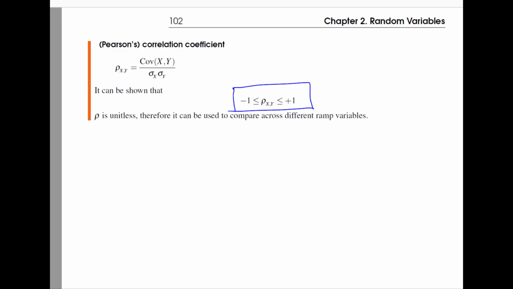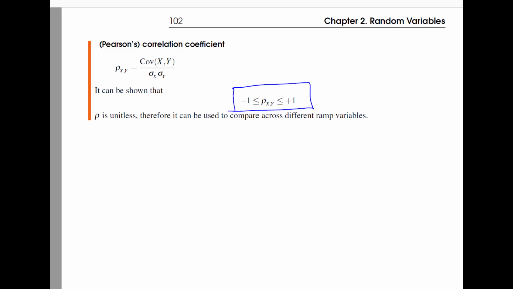So the correlation at most can be 1, at least can be -1. So at a glance, you're able to say variables are very correlated or not so much, just by seeing how far away from 0 they are. Typically covariance and correlation are very related, and we always prefer dimensionless variables.